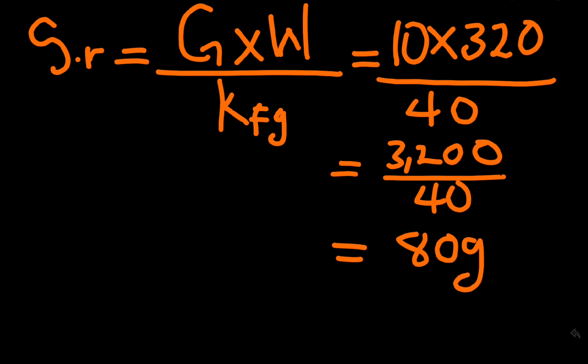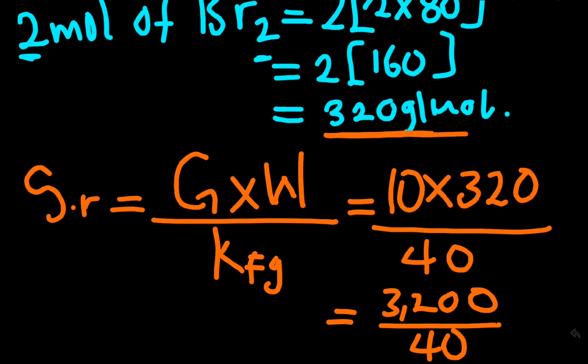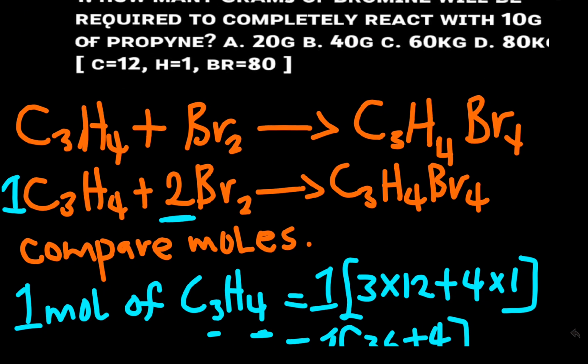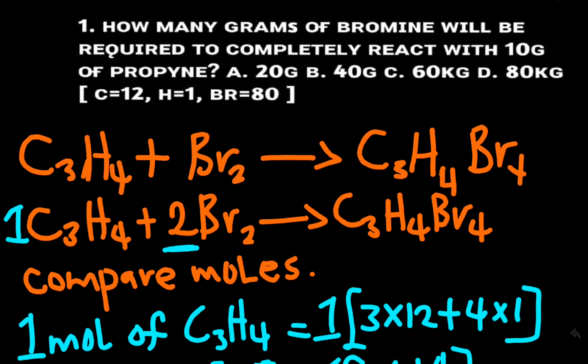So your final answer is 80 grams of bromine. Now let's see if we have anything as such 80 grams there. Yes, we have 80 grams of bromine there. And that's the final answer.